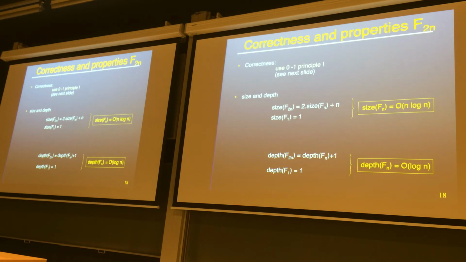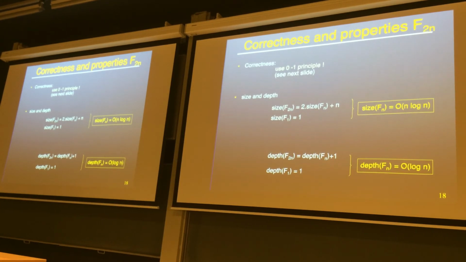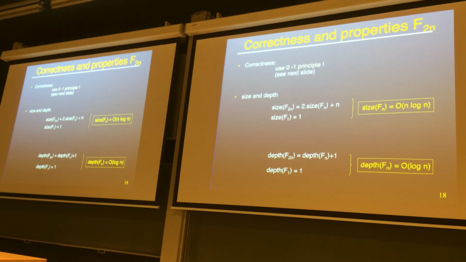Okay, but the main problem here is to prove the correctness of the network. So why would this network be correct? Why do you trust it? Well, use the 0-1 principle and just show that this network is correct for all binary inputs.